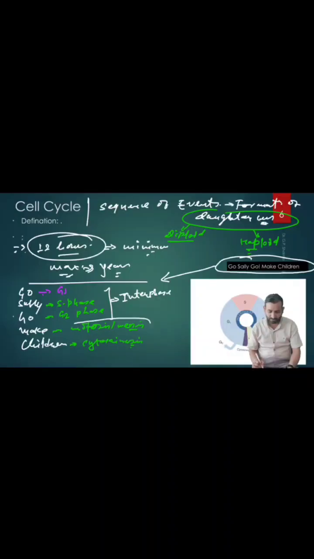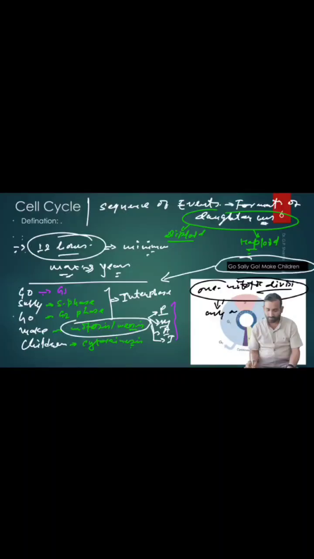And this mitosis or meiosis, they will further divide into what? P, M, A, T, right? That is what? Prophase, metaphase, anaphase, and telophase. Now, one point very important you have to understand over here. To complete one mitotic division, it has only one interphase. Done.